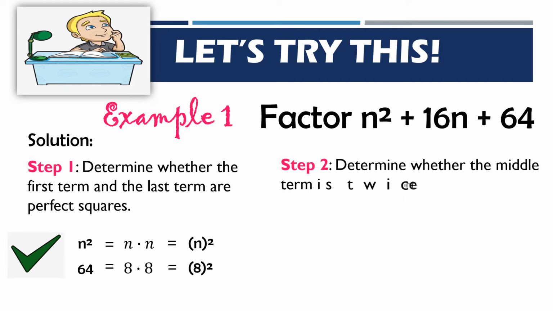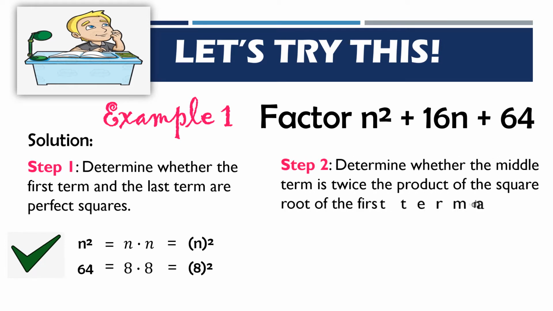Now, step 2. Determine whether the middle term is twice the product of the square root of the first and the last term. Again, let's check if it is twice the product of the square root of the first and the last term.